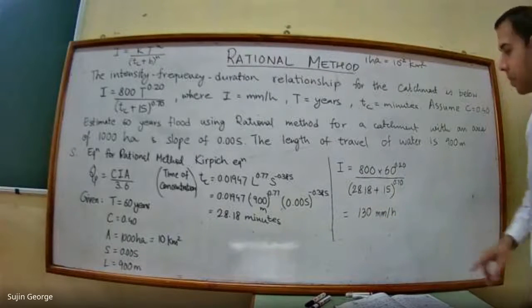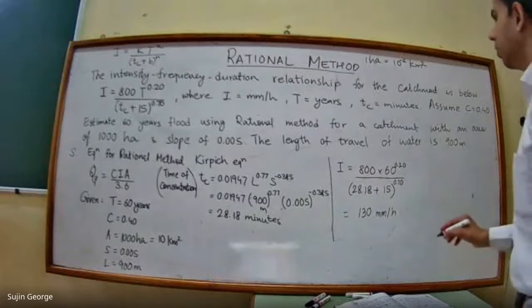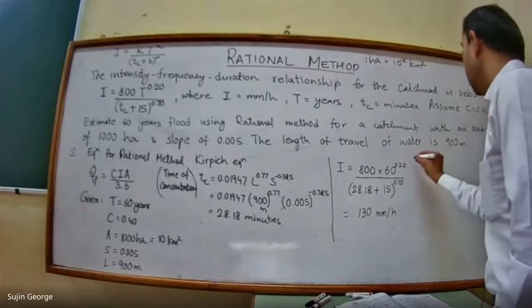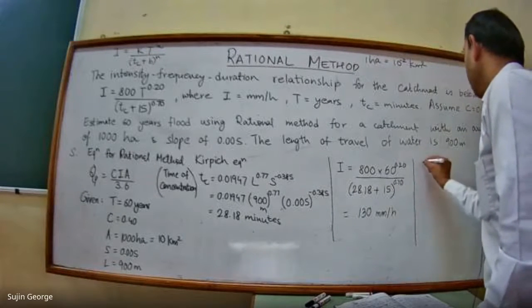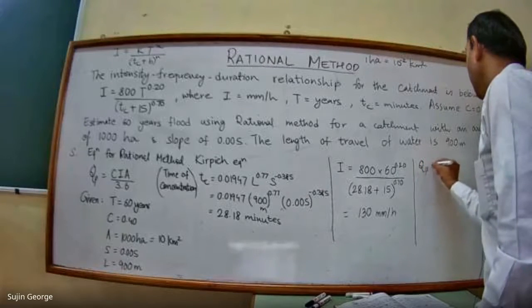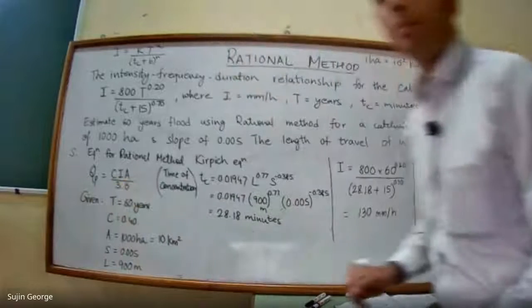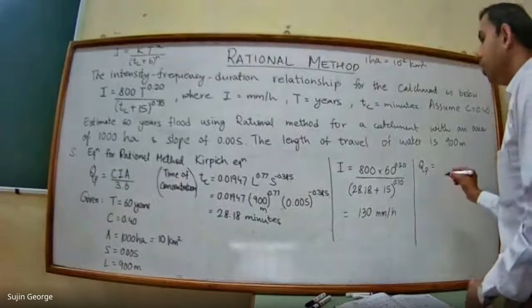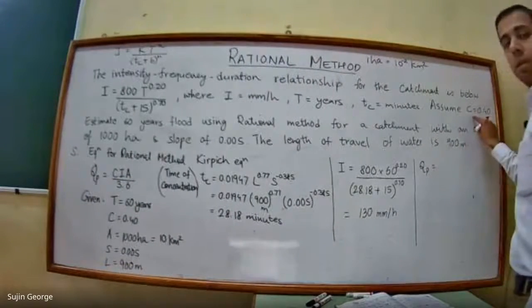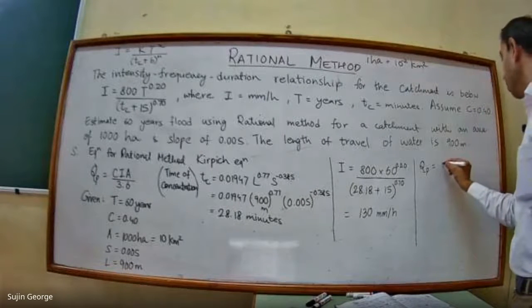Okay. Now next, what you have to calculate? You have to calculate the value of QP. So QP is CIA upon 3.6. The C value we know, C value is 0.4.